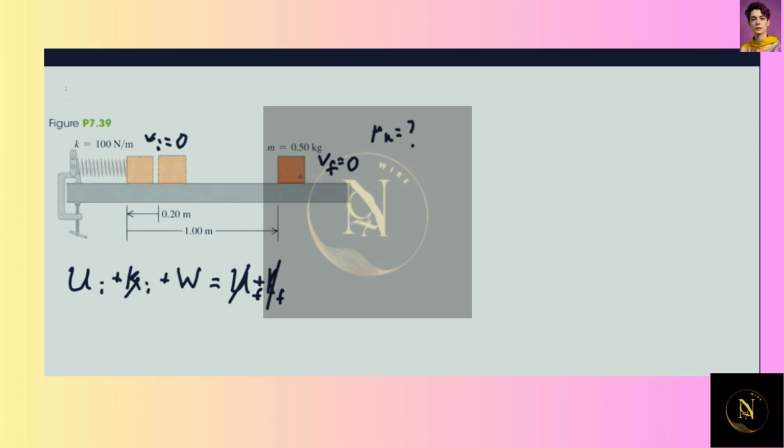No spring is being compressed over here. So the total energy is going to be, the potential energy plus the work done by friction has to add up to 0. So this is equal to the negative of the work, which is done by friction.